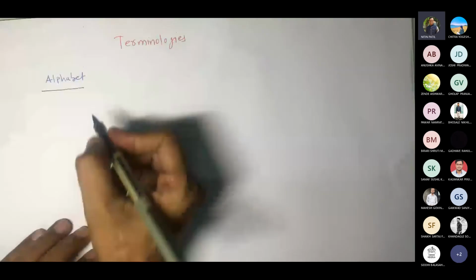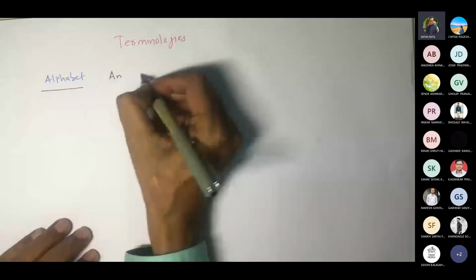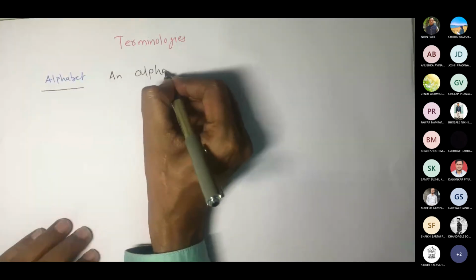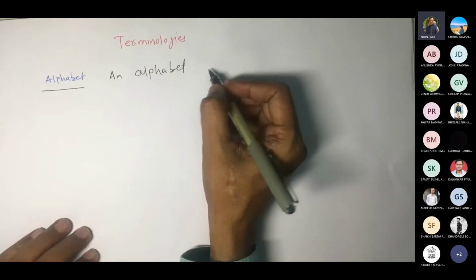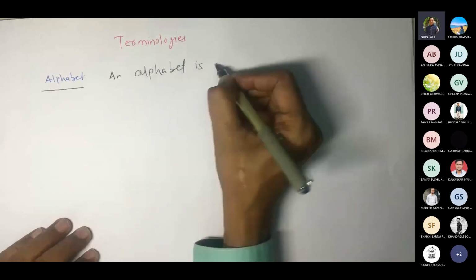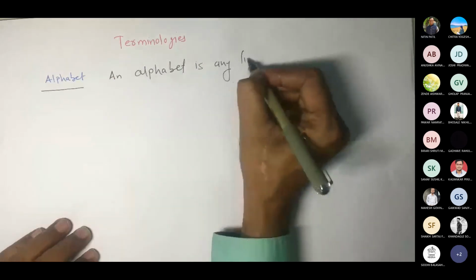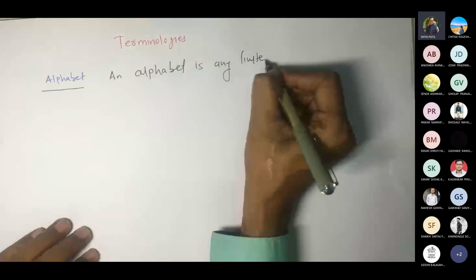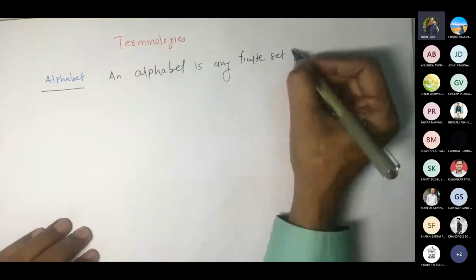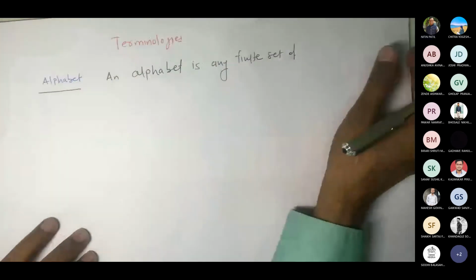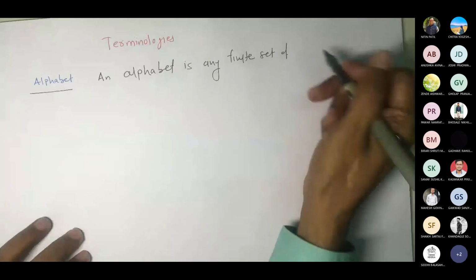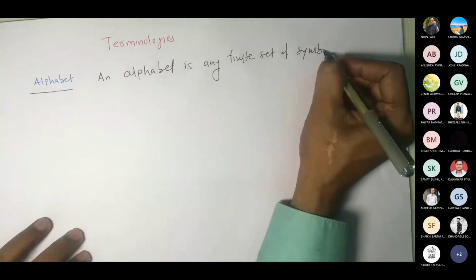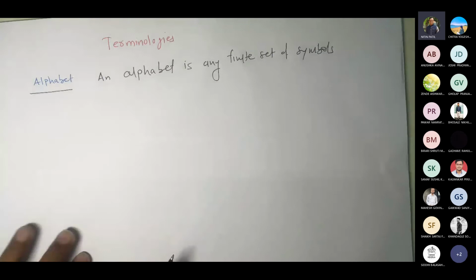Now this alphabet is any finite set of symbols.